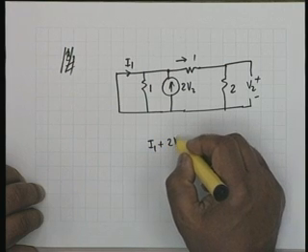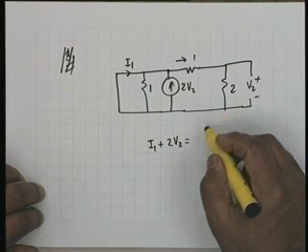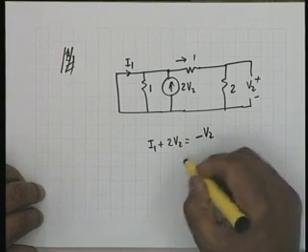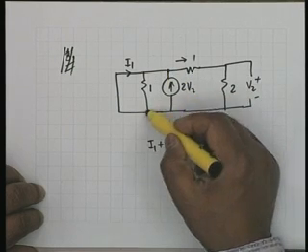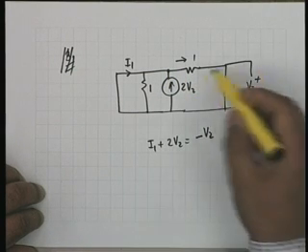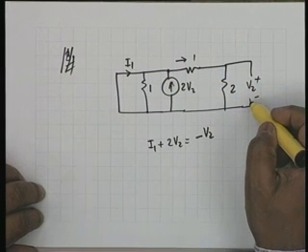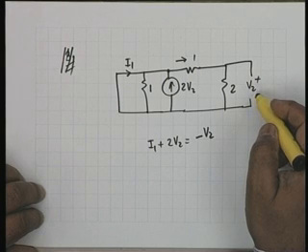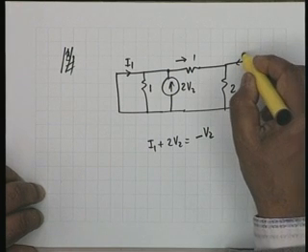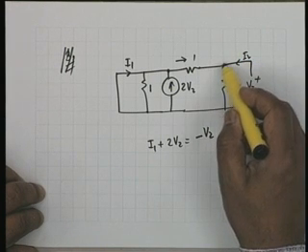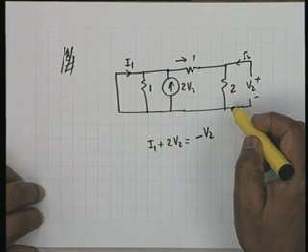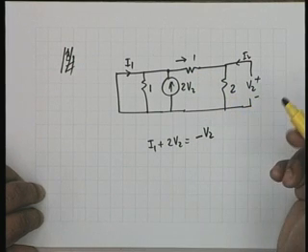I1 plus 2V2 shall be equal to minus V2, because this point is the same as this point, and therefore this 1 ohm comes across V2. Alright, and then I2 shall be equal to this current plus this current. That's how one finds out.